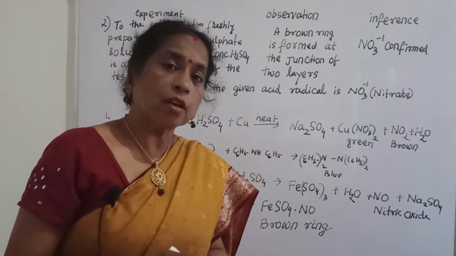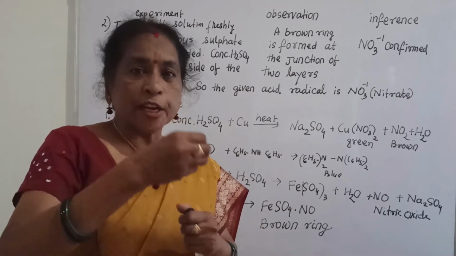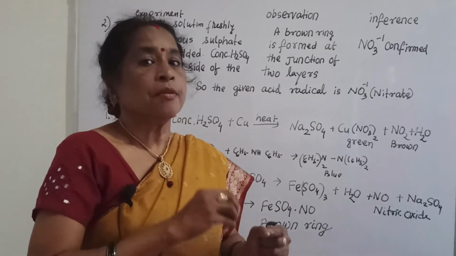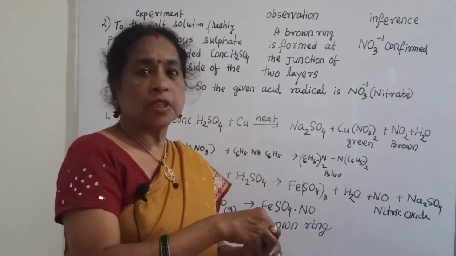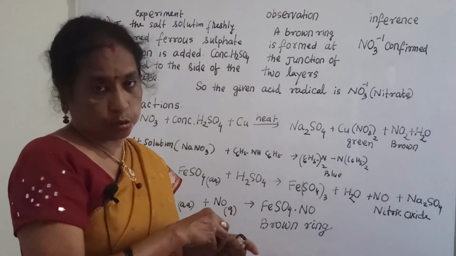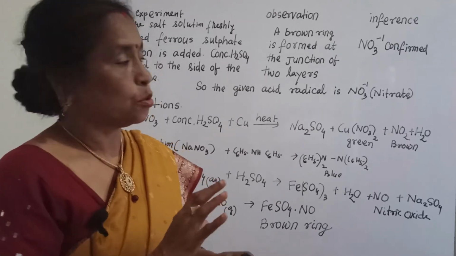FeSO4. And what is the color of ferrous sulfate? Light green. Now immediately you prepare ferrous sulfate solution, that is called freshly prepared ferrous sulfate solution, and add it to the solution of your salt.